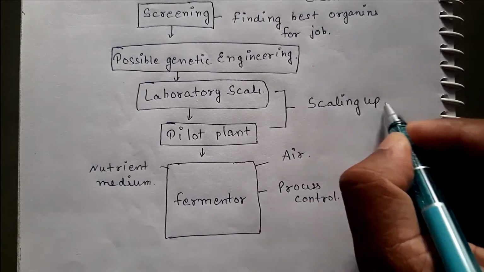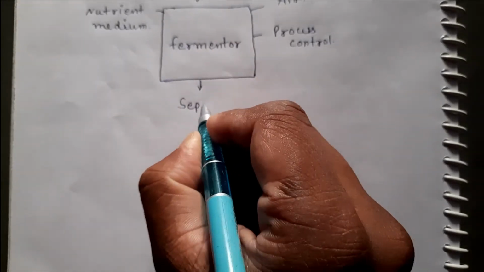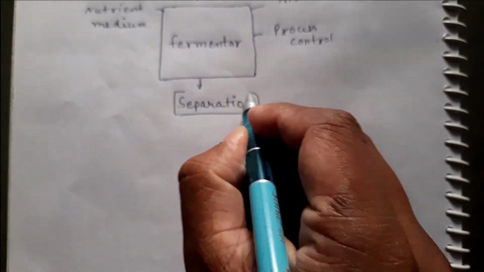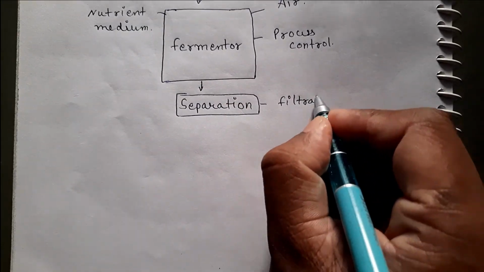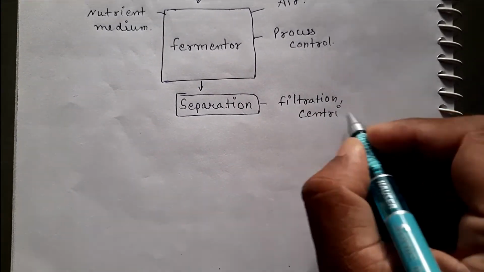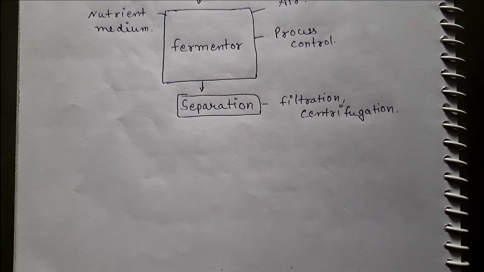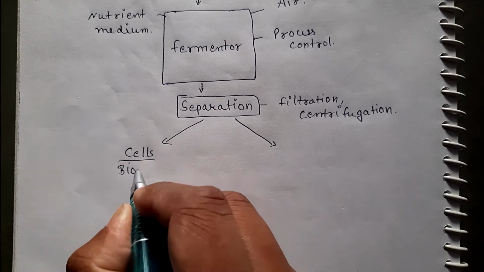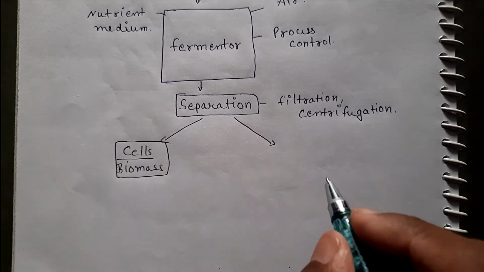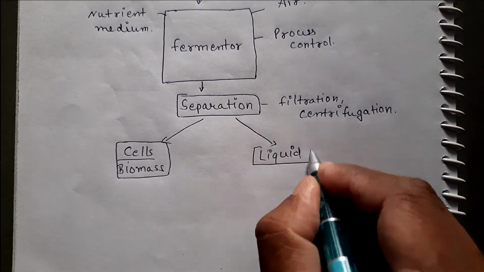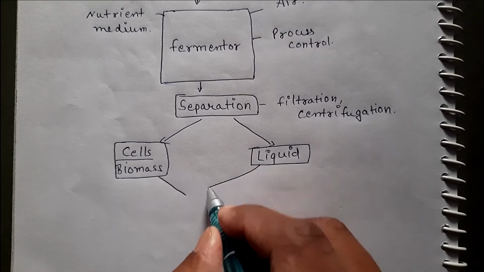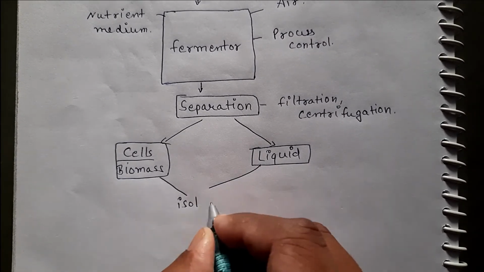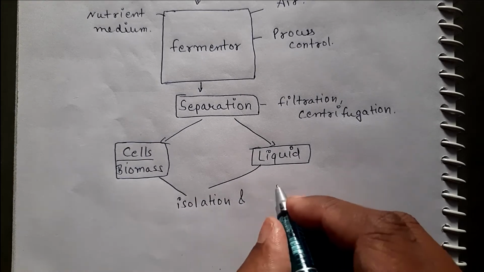After this, separation occurs. That means now we have already made the organism in a large amount. Now we have to get the product from that fermenter. So the separation process occurs, in which the cells or biomass and the liquid produced by cells are separated. The desired product can be present in biomass or in the liquid, that means the side product.